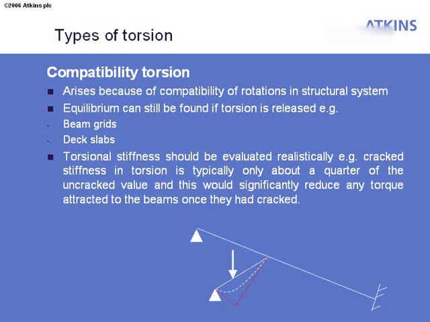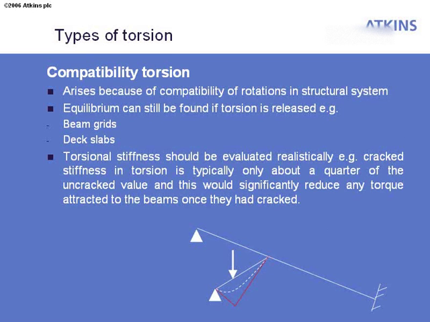But if we were to do the analysis again, and this time set the torsional stiffness of the other beam to 0, then we'd end up with 0 bending moment at the end of the beam, because the beam would end up being simply supported on the other beam, and the beam would just twist without being able to provide any bending resistance.